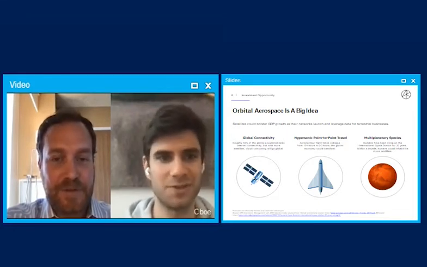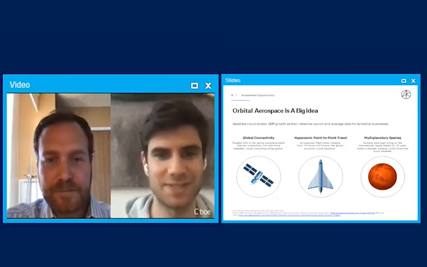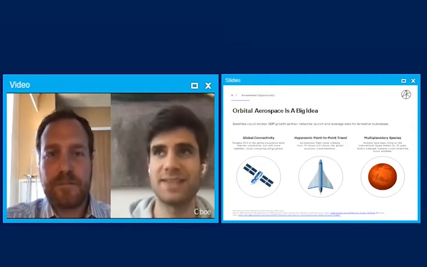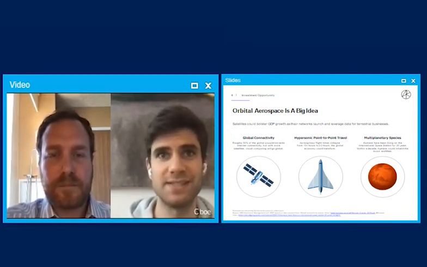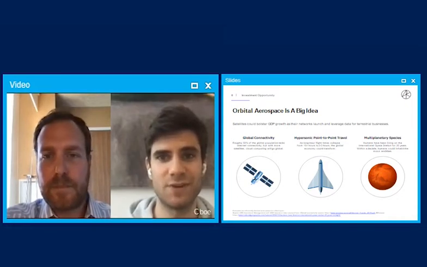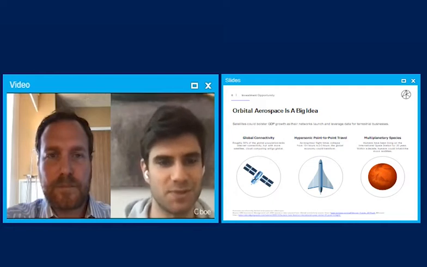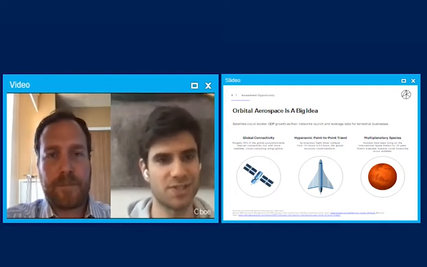Sure. I know we're going to get into some of the details and how we scoped that out. But I think the takeaway here is, right now we're just focusing on orbital aerospace and everything that orbital space is providing. This could be orbital or suborbital. People are tackling it in different ways.